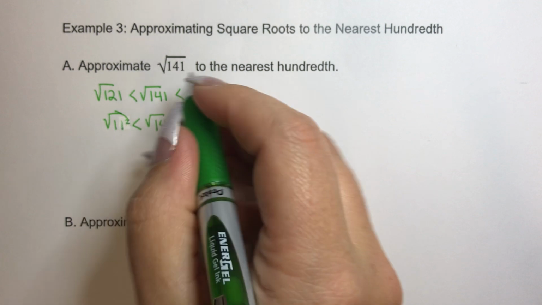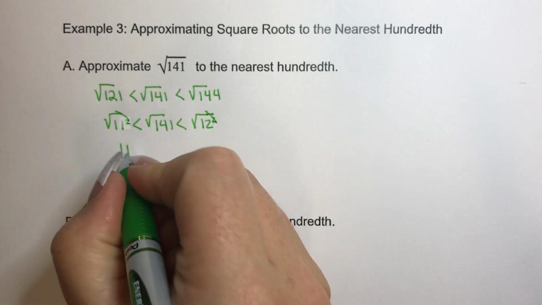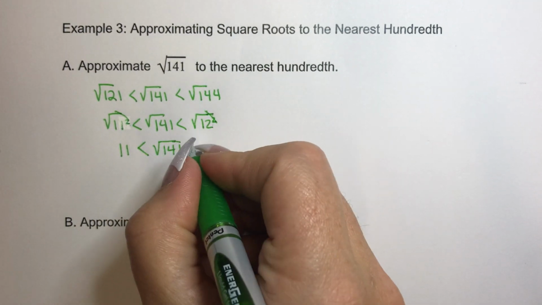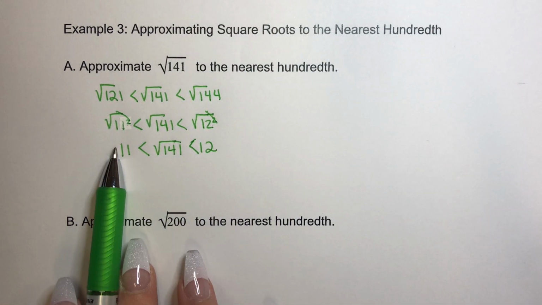Square root and squared cancel each other out, and we're left with 11 and 12. So we know that the square root of 141 is between 11 and 12.